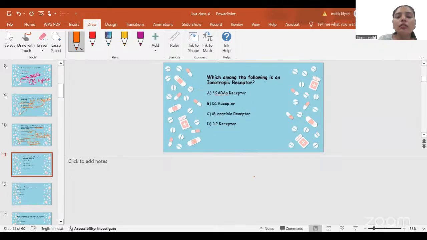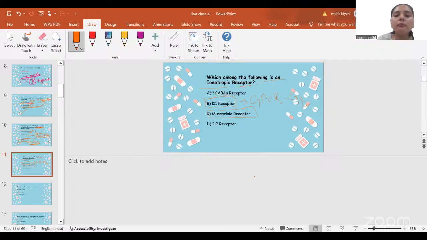The next question is, which among the following is an ionotropic receptor? Ionotropic means the ions are involved. Dopamine receptor, D1 receptor, which type of receptor is it? It is a G protein coupled receptor, especially Gq type.